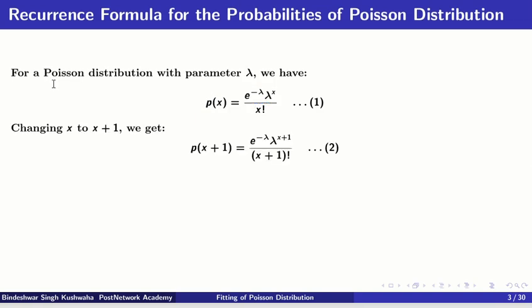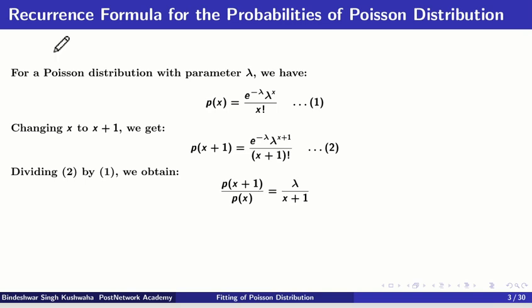For P(x+1), we will have e raised to minus lambda, lambda raised to x plus 1 upon factorial x plus 1. Now just divide P(x+1) by P(x) and we will have this expression: lambda upon x plus 1.